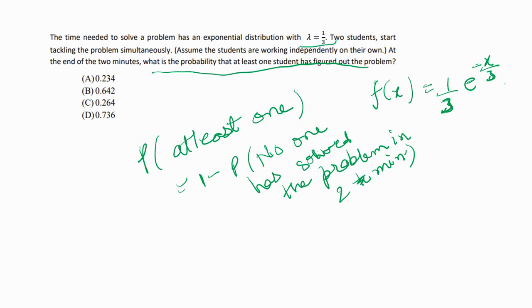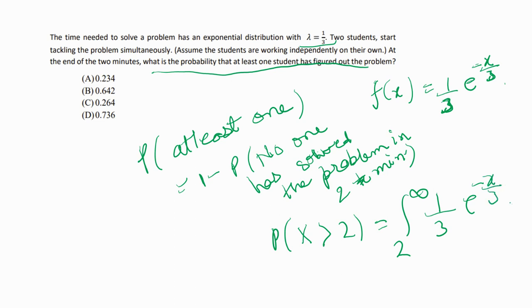We will first find this separately, and then we will put in the values. So the probability that x, the student who is solving the problem, takes more than 2 minutes is the integral from 2 to infinity of 1 by 3 e to the power minus x upon 3 dx.